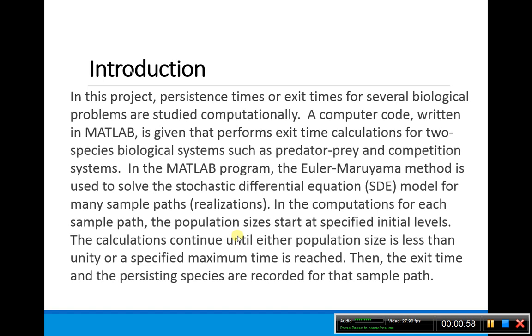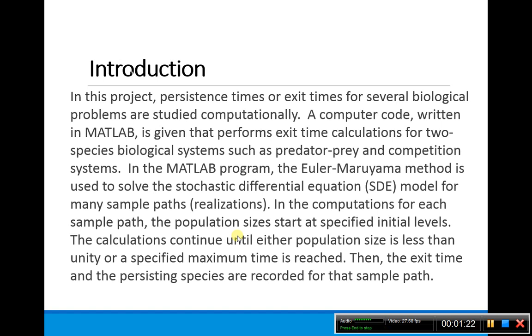So in the competitions, if we're talking about predator-prey, one of the species is the predator, another one's the prey. You're going to run the program for a specified period of time. If the prey dies off before that time, the program considers the prey to have died off if the population reaches less than 1, which makes sense.